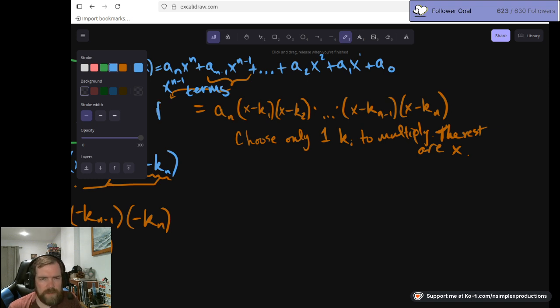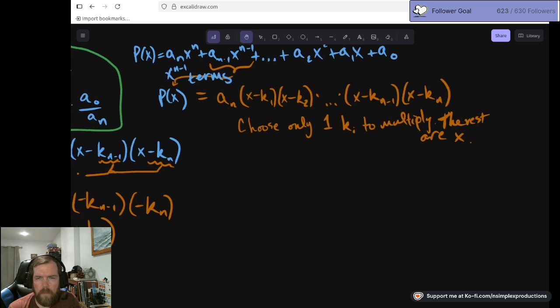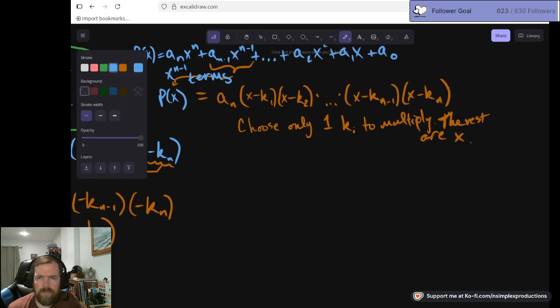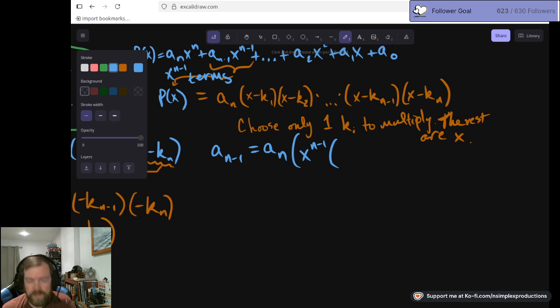Okay. This is all p of x, not just that one term. So a sub n minus 1 is going to be equal to a sub n times x to the n minus 1 times, now we get the summation of all.